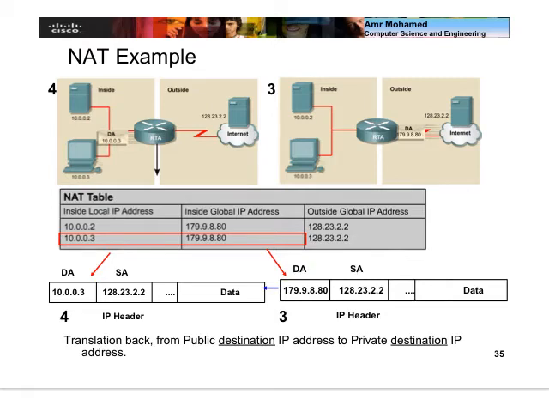So the problem happens when you return back the replies for these two packets. The router will then have to map back from this public IP to this or to this. Right? So how do we do that?